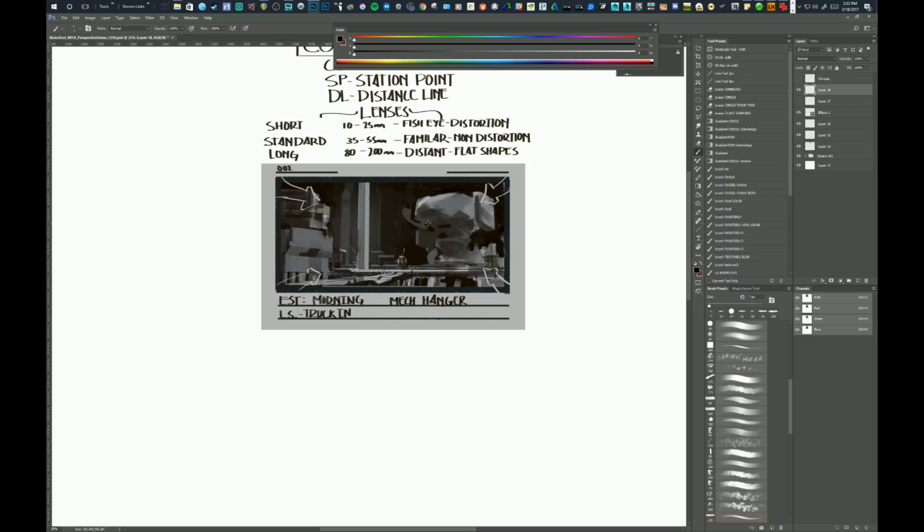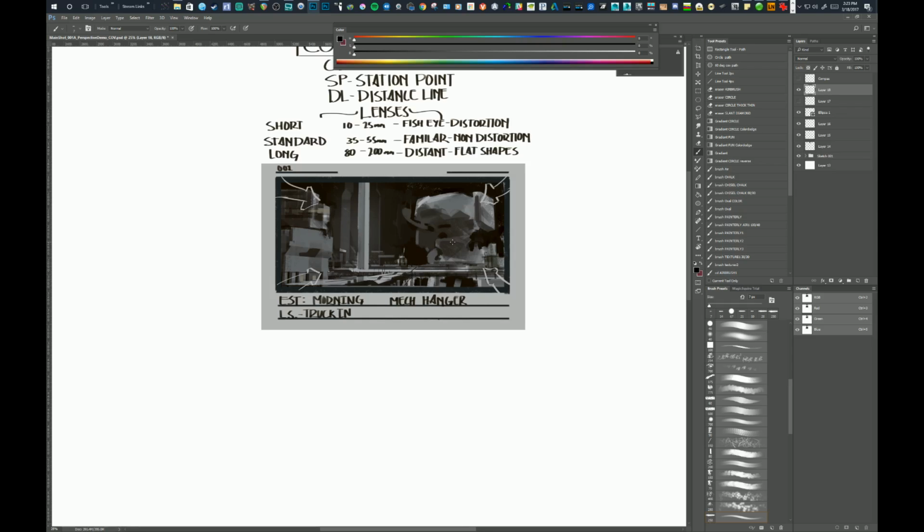It's not just a big flat shape. There's some perspective depth to this object. There's also some perspective distortion up here too. There's distance from there to there, but it's a very long distance in a small amount of space.